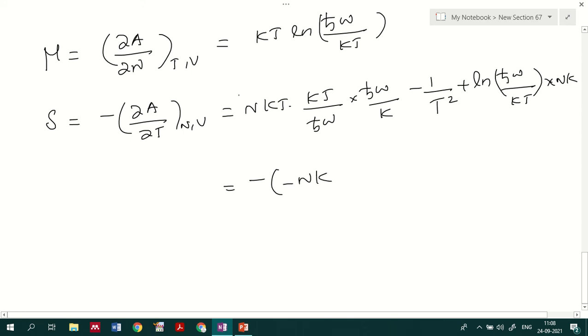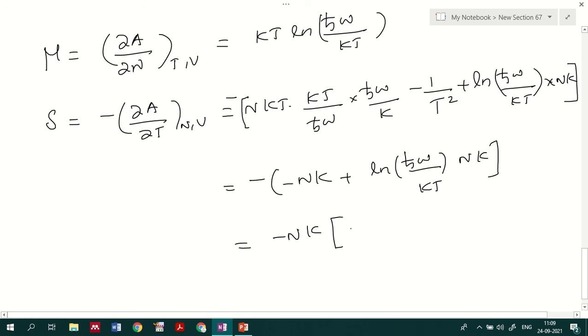Here we will have a minus as well, minus dou A by dou t, so there will be a minus, so minus nk plus ln h cross omega by kT minus, okay, for that into nk will be the first. Now if I multiply with the minus, if you take minus nk outside, we'll have ln h cross omega by kt minus 1.